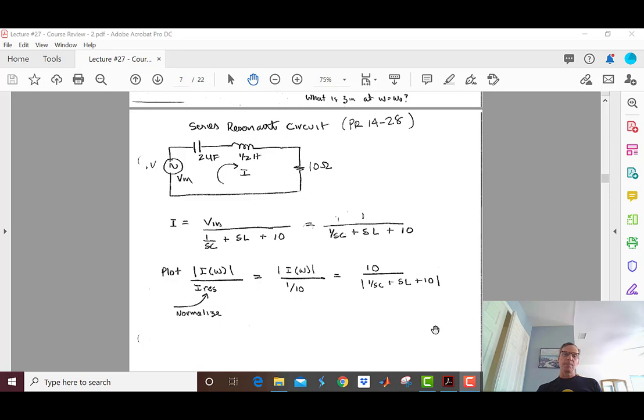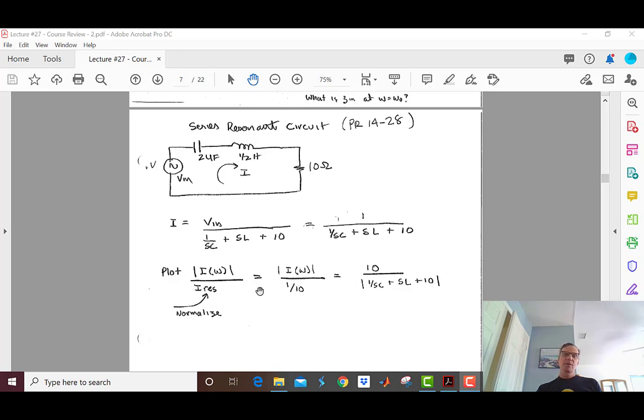Yes, the current at resonance is going to be 1 over 10. Looks like we're using 1 volt here for V in.